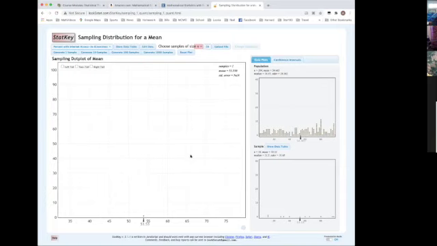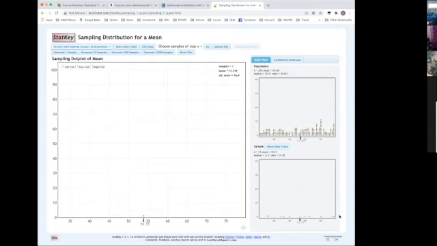So there's a lot going on in this window. Up here is the population. In the middle is what's called my sampling distribution. And over here, this is showing me what this sample of 10 countries looks like. So it's saying here we had 2 countries that had about 13%, and we had some other countries over here.